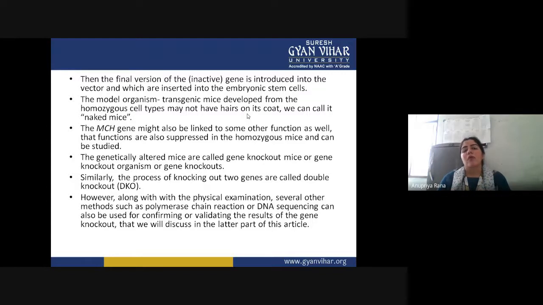But if we want to validate our results, just seeing something and predicting something cannot prove it. In that case, we can use other biochemical methods, such as PCR or DNA sequencing.